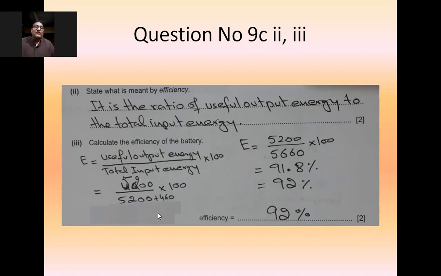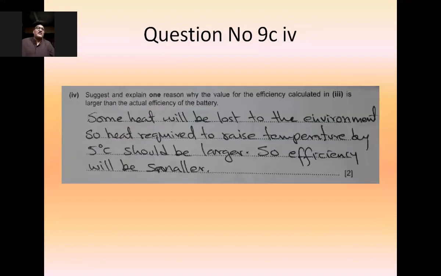So it will be 5200 divided by 5660 multiplied by 100. That will be something like 91.8%. When you round it off, it will be 92%. So the efficiency of this battery is 92%. Hopefully you have understood this question.